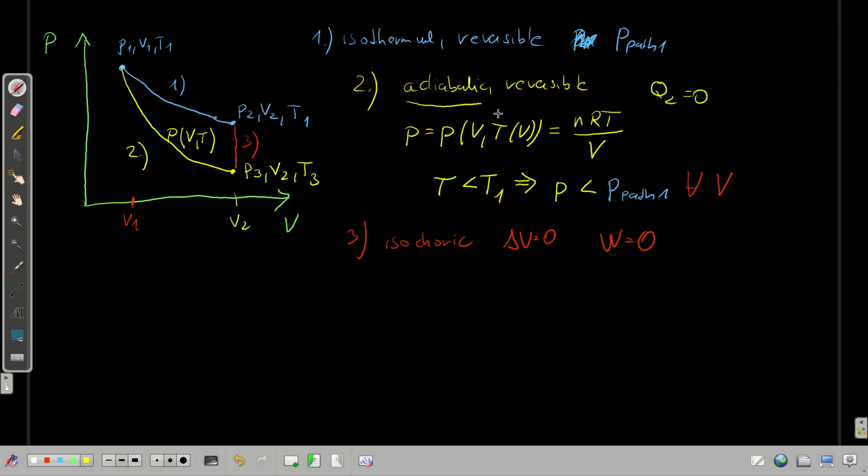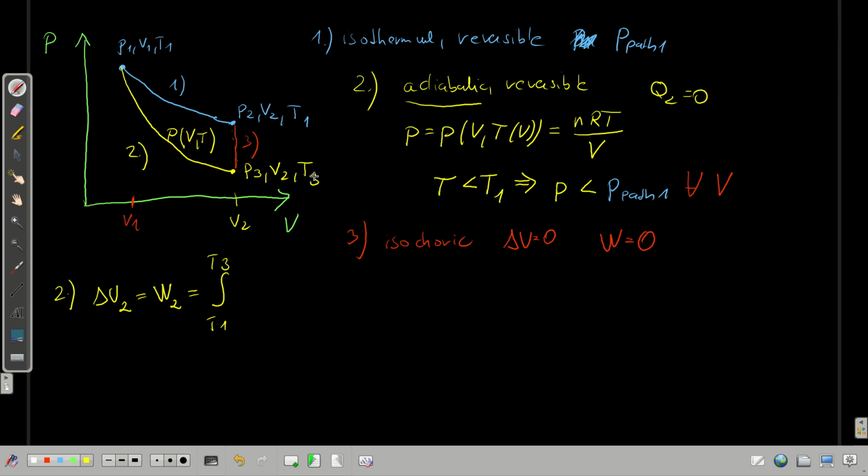Q2 is 0. This means that for process number 2 again, the change in inner energy for path 2, I just write it delta U2. Hopefully this does not lead to confusion. It's the work done during path 2, and this is again the integral evaluated between T1 and T3.